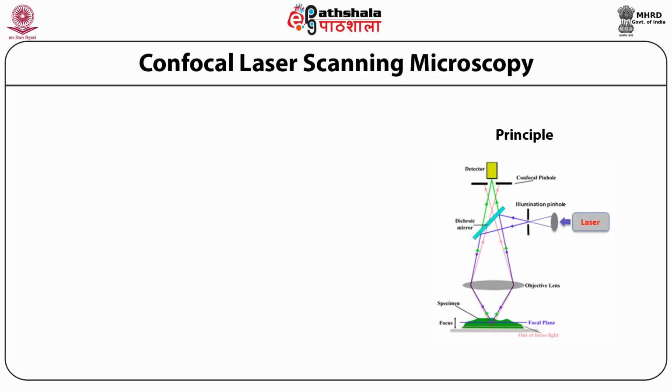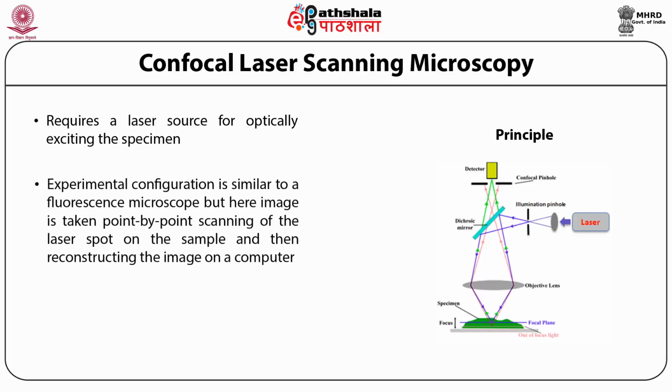So confocal laser scanning microscopes require a laser source for optically exciting the samples, the specimens, and the experimental configuration is quite similar to the fluorescence microscope. But the image in confocal microscopy is taken by point by point scanning of the laser spot on the sample and then reconstructing the image on a computer, rather than taking one full image as done in wide field fluorescence microscopy.